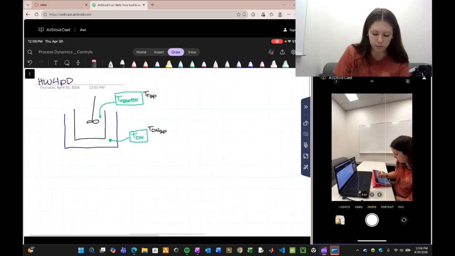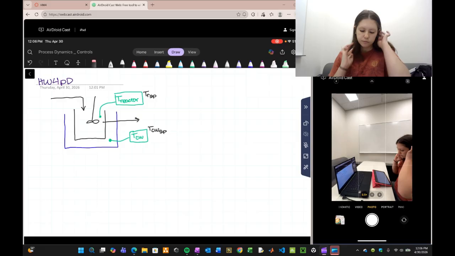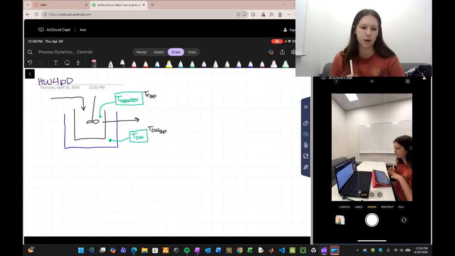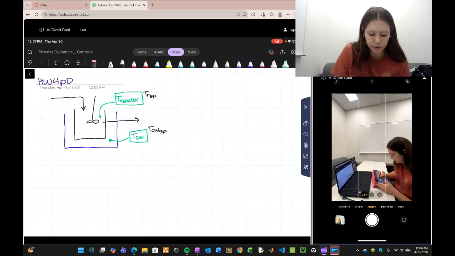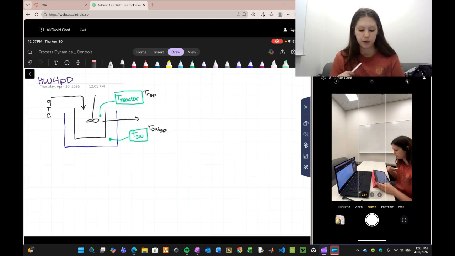And there will be a flow going into this reactor and a flow coming out. And there will be 3 parameters of the flow going into the reactor that we'll be able to control. One of them being Q, the flow rate, another being temperature, and then another being concentration. So these are 3 things that can be controlled going into the reactor.